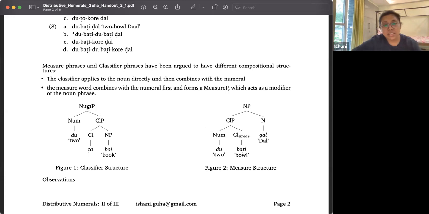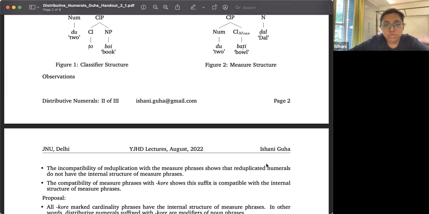You can also see the resulting phrases in the two cases. One is actually a quantifier phrase, a count phrase, a classifier, a number phrase in this case, but you can project DPs or QPs on top of it. Whereas in two, you have a noun phrase. So this is more or less like an adjectival modification. This is the difference between the two structures.